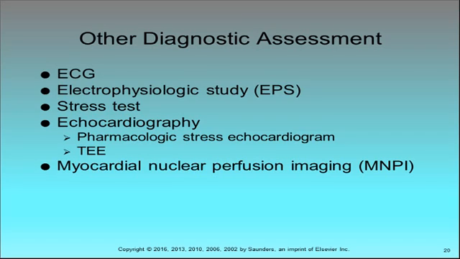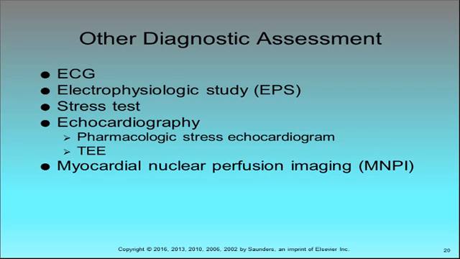to their test. An echocardiogram looks at your valves and chambers of the heart and does what we call an ejection fraction and can actually tell how well the heart is functioning. A TEE is a transesophageal echocardiogram, and that's actually where these patients will swallow an ultrasound transducer.